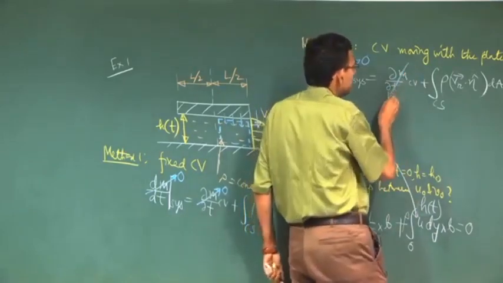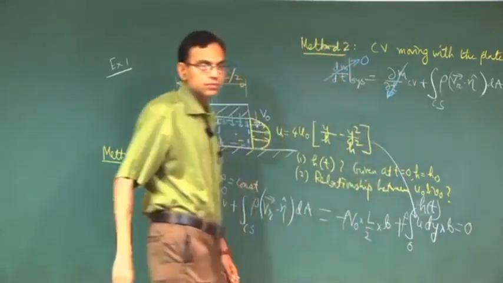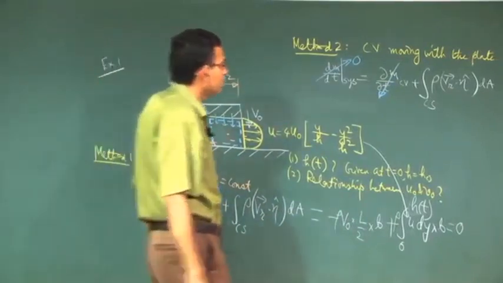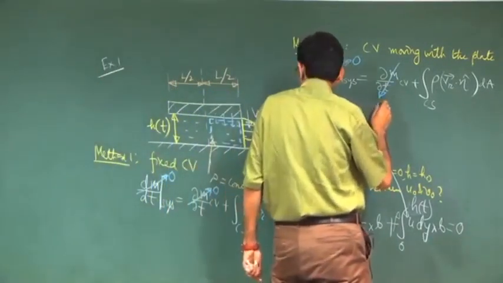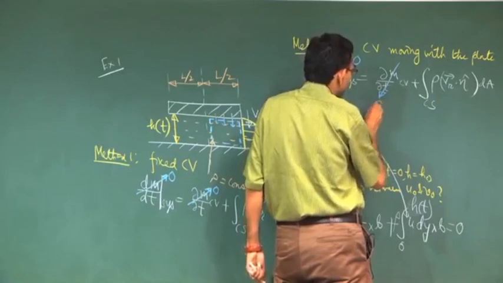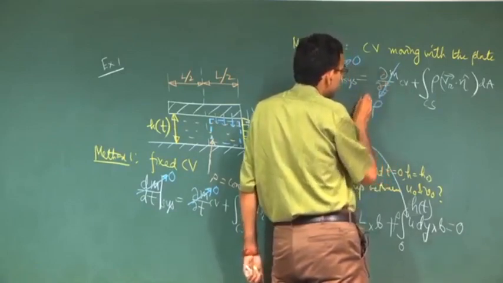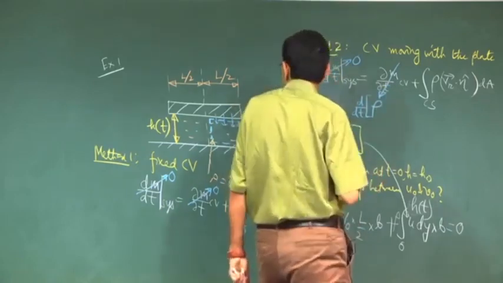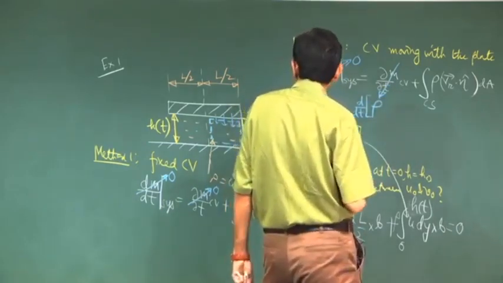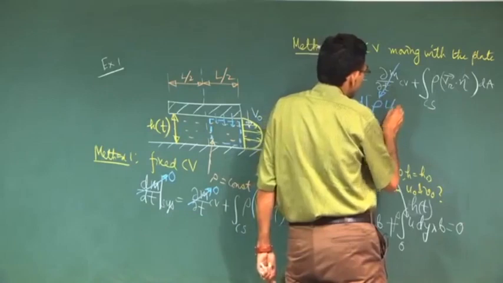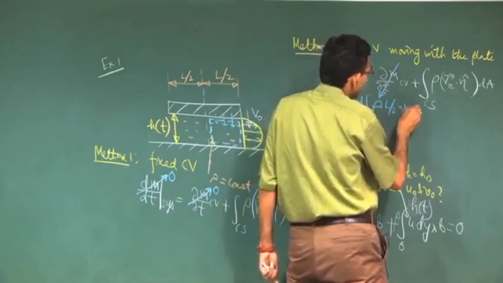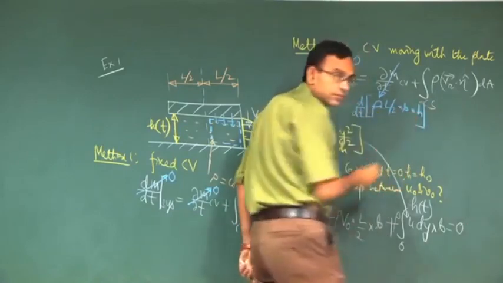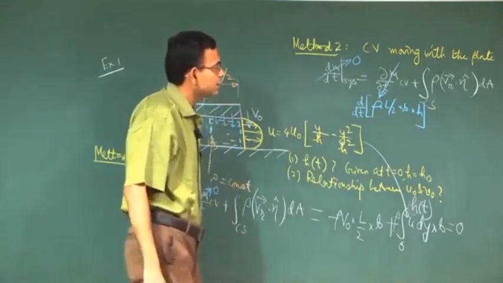So what will be this term? Assuming rho to be uniform, this will be just an ordinary derivative, d/dt of rho into L by 2 into B into H, right.